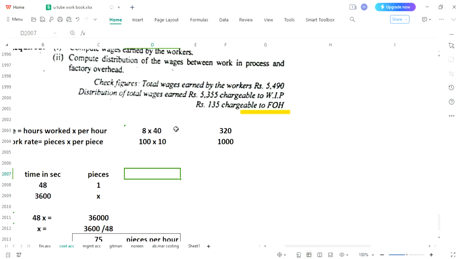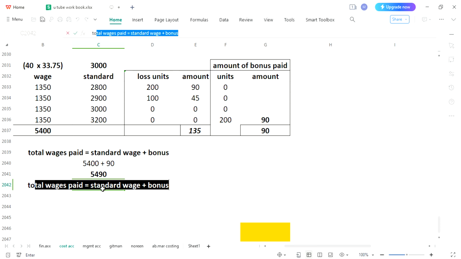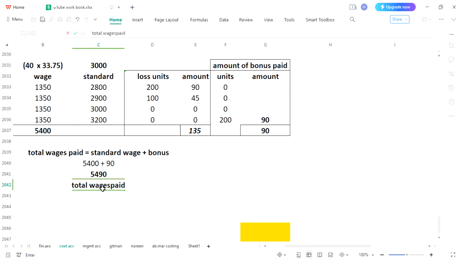So the second answer is also visible over here. Total wages paid are 5490, and loss faced is 135.